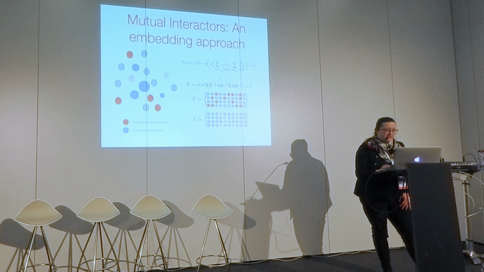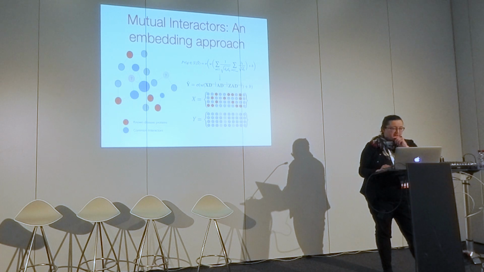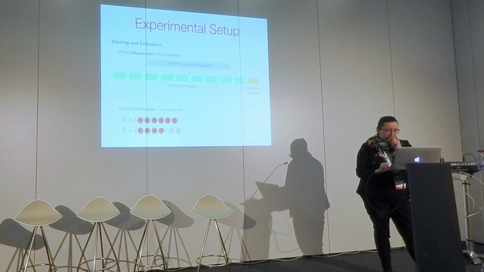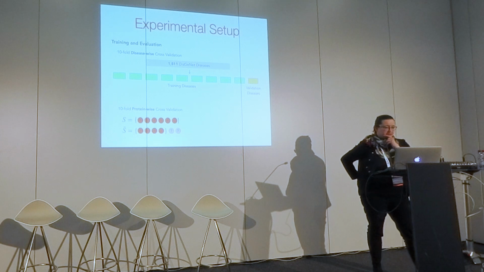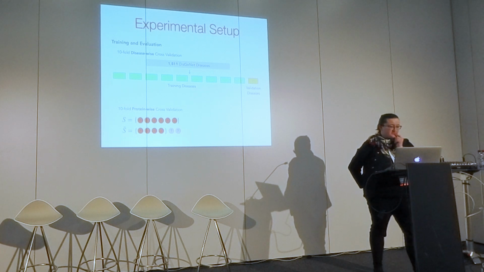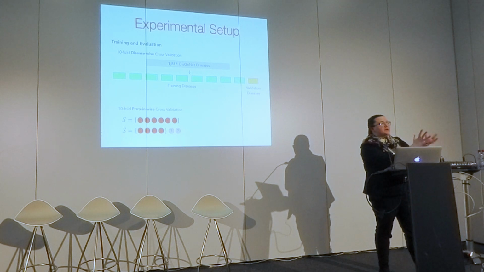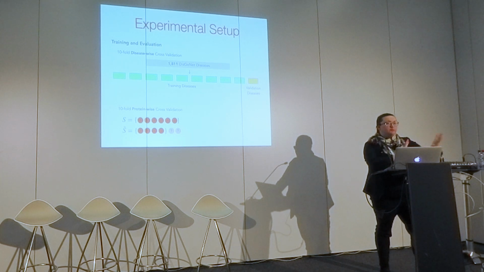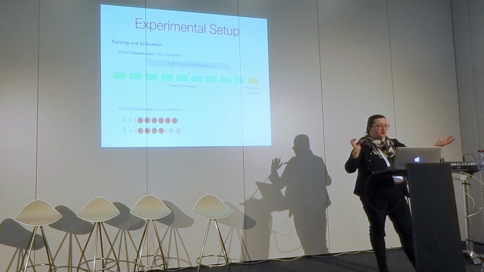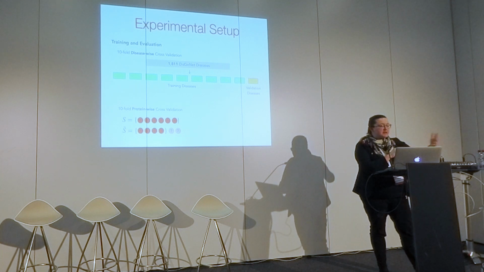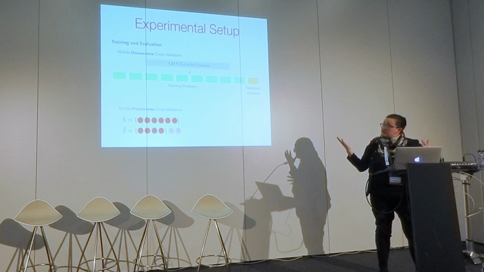Without going much into the details, I will just conclude with a few experiments. The experimental setup to run those experiments is as follows. We assume that we have our underlying protein interactome, the human protein interaction network, and we have information for many diseases, let's say for 2,000 diseases.